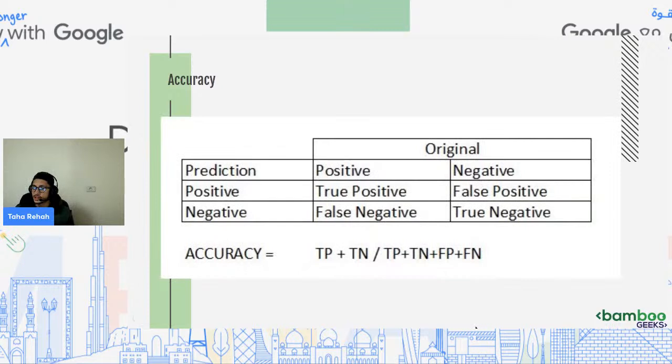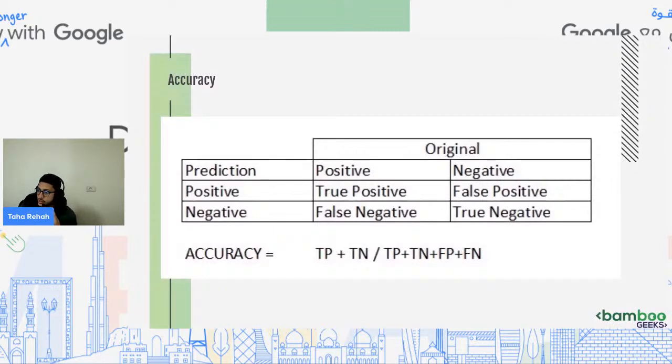Okay, now let's talk about how those metrics are calculated. We understand the confusion matrix, and I said that accuracy is a metric that you don't need to take into consideration. Why?